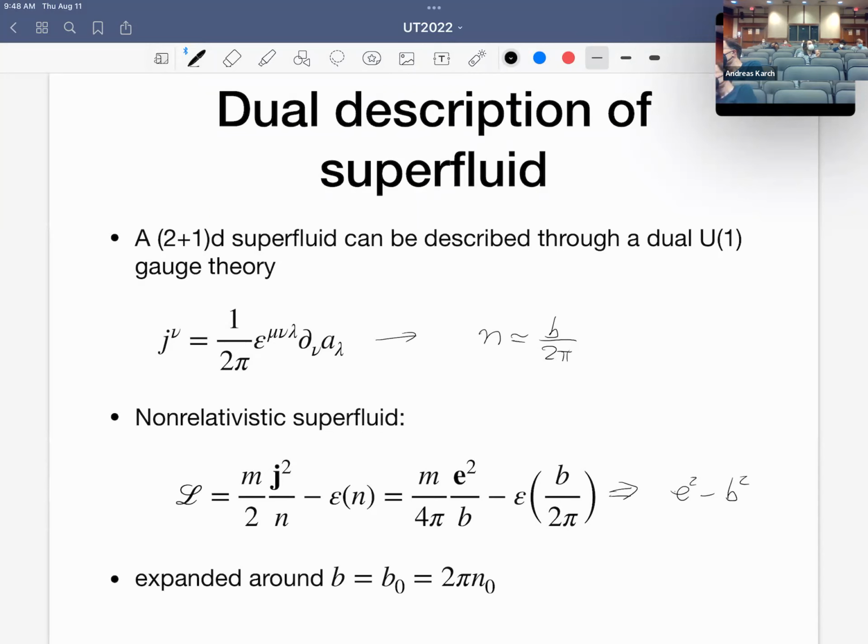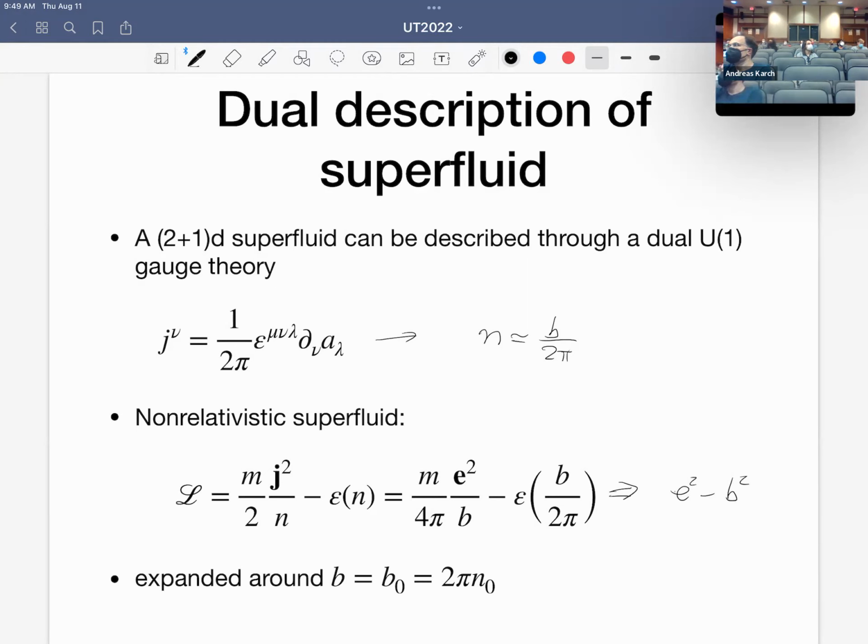So the B squared term comes from the energy epsilon of n, the energy of the superfluid as a function of the density. And this is the only microscopic input that we have to put into this theory. We need to know the equation of state, that is how energy depends on the density, and then we will be able to get all the information about the Goldstone boson dispersion, also about its interaction.